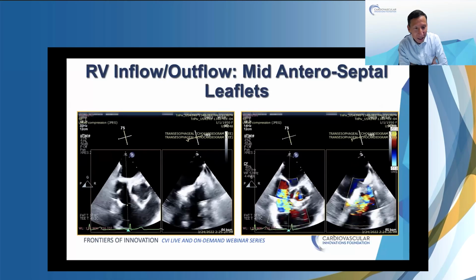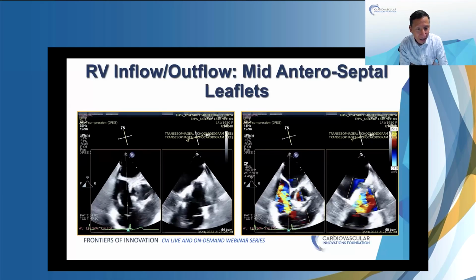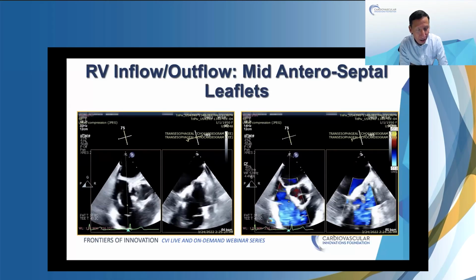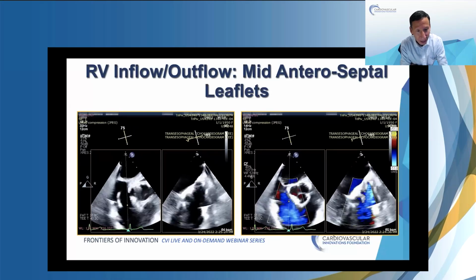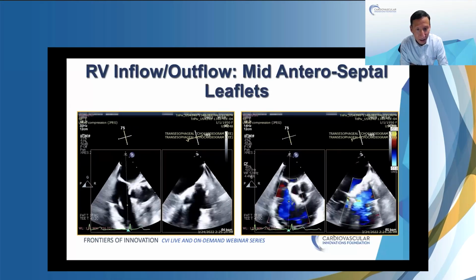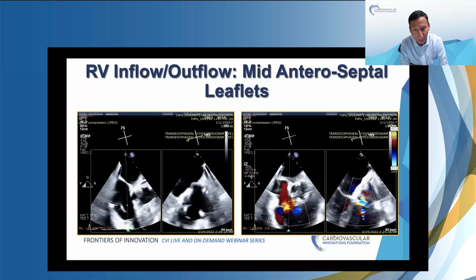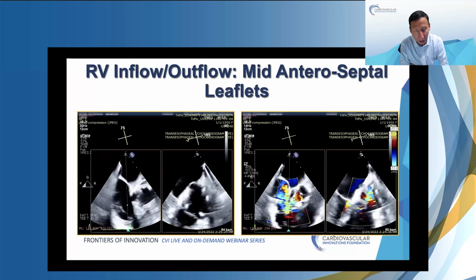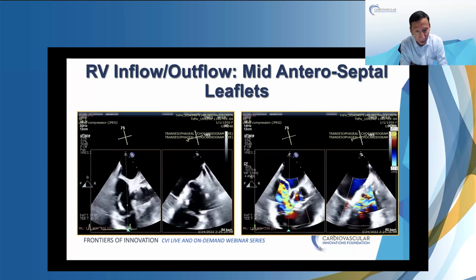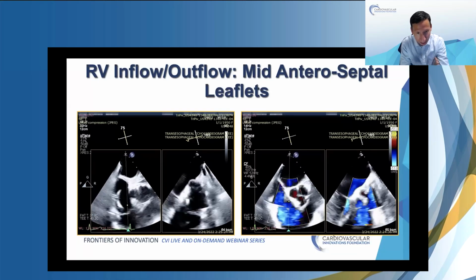So on the left you see the RV inflow view, and we're just putting the cursor in different places, the biplane, so that on the image on the right we see the different spots from anterior to posterior, going right to left.